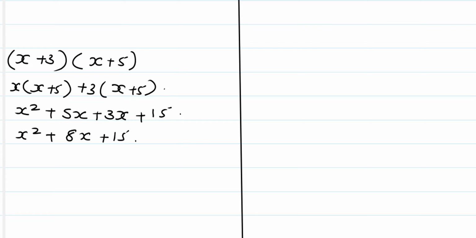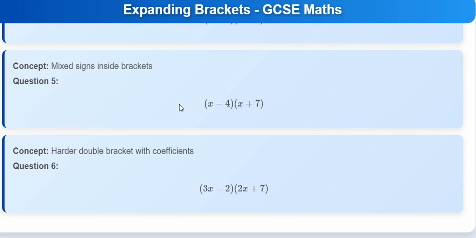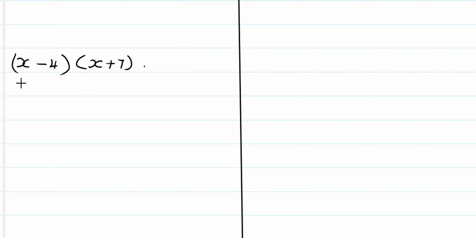Can we try another example? Here in question 5, we have (x - 4)(x + 7). Can we try to expand that one? As usual, we take all the variables in the first brackets, we multiply with all the variables in the second brackets.